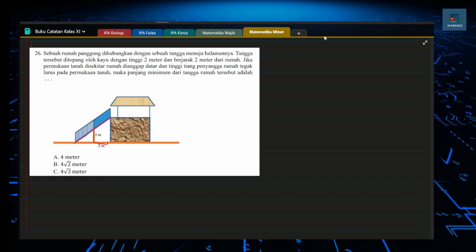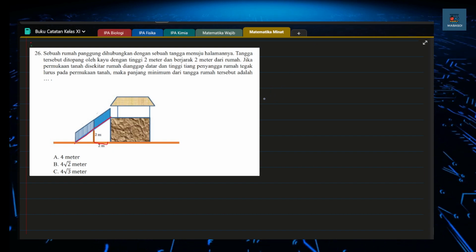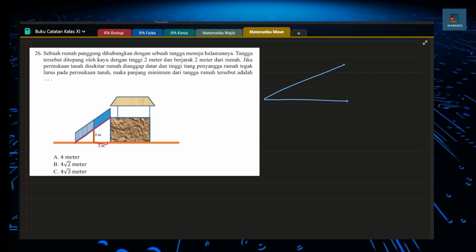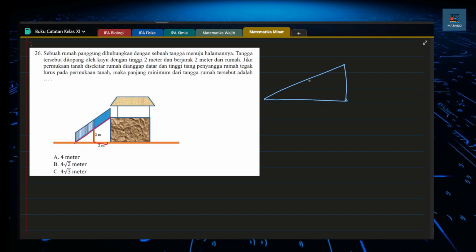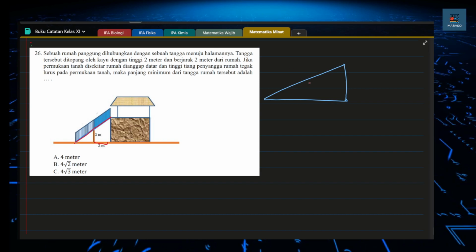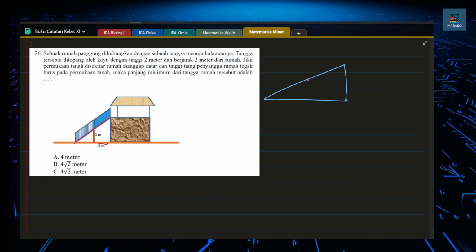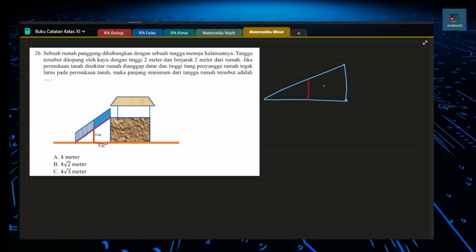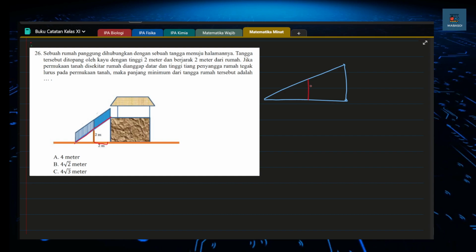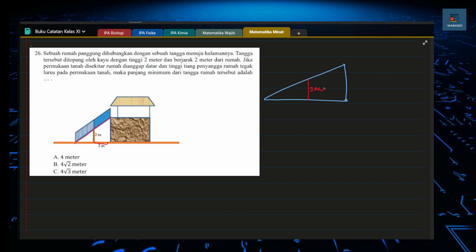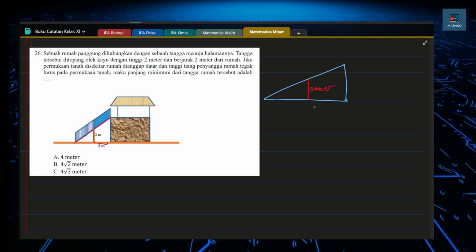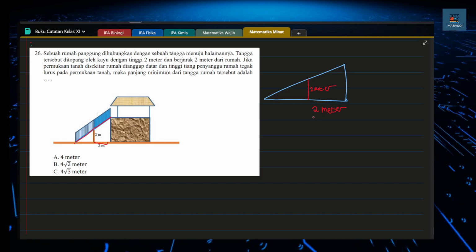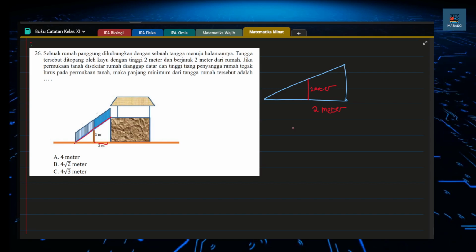If we sketch it out again separately, this would be the ladder, and then we have this column that holds the stairs, with a length of 2 meters, and this distance also 2 meters.